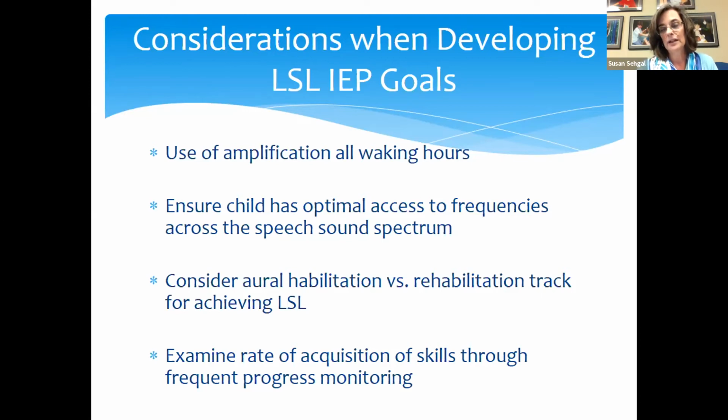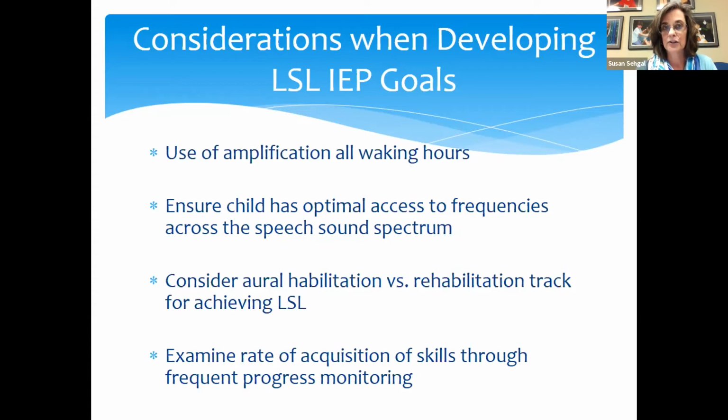For example, if a child has a severe to profound hearing loss and receives limited benefit from conventional amplification, the child may be better off receiving a cochlear implant in order to achieve access to the frequencies that are so important to developing spoken language.